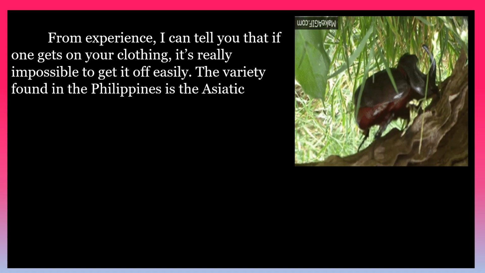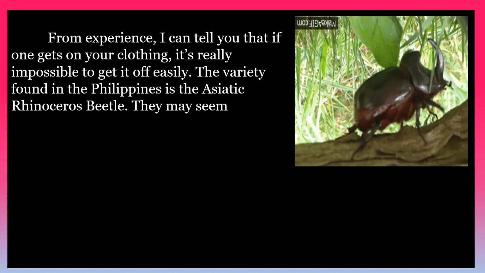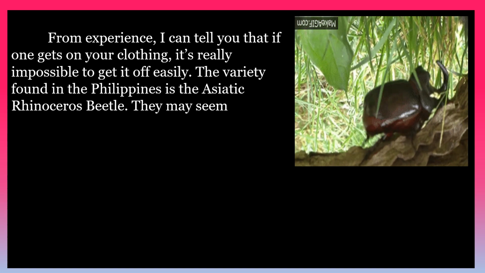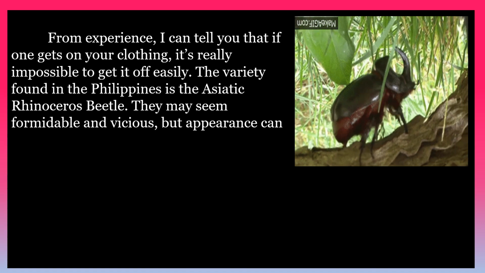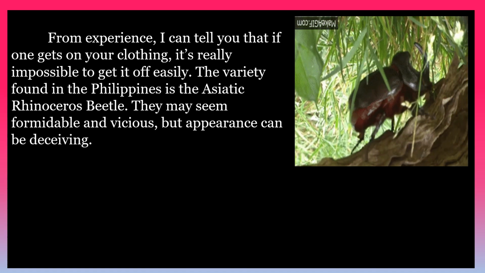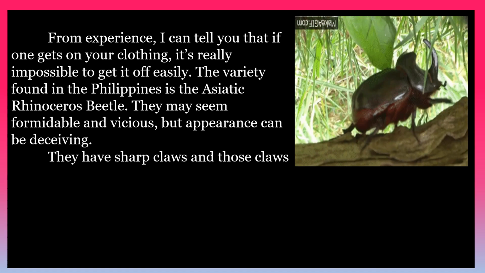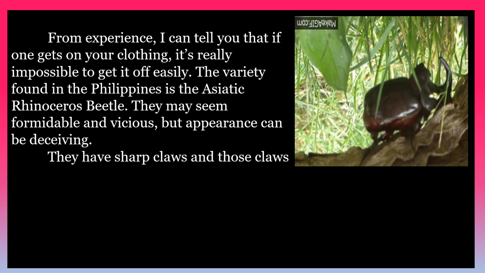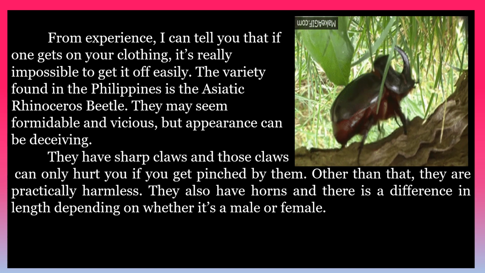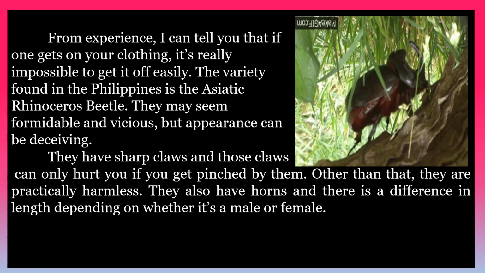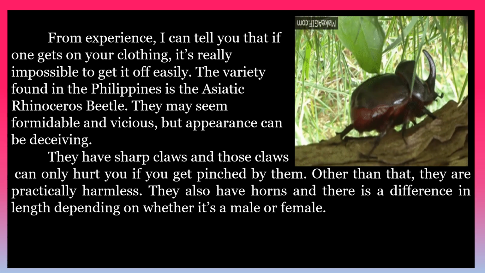The variety found in the Philippines is the Asiatic rhinoceros beetle. They may seem formidable and vicious, but appearance can be deceiving. They have sharp claws, as you can see there, and those claws can only hurt you if you get pinched by them. Ow!